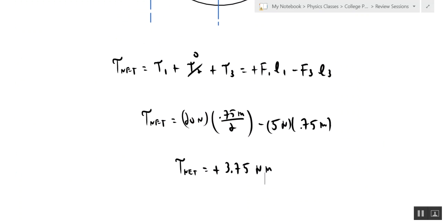Why do we have to use R divided by 2 as the radius? Because that's where the first force is. It's there, but why is it half the radius? Because that's where it is. It's halfway between.